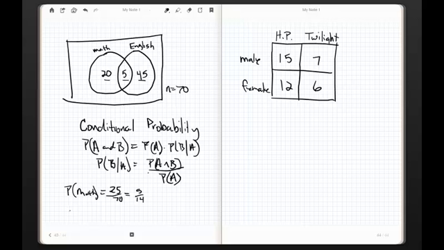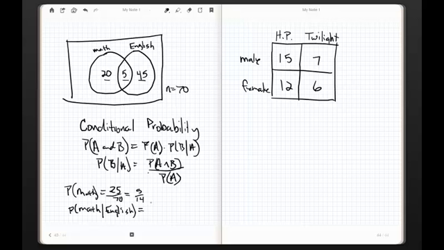However, watch this. I'm going to show you two ways to do this. There's a real intuitive way, and then we're going to use the formula. Let's go through this. I'm going to do the probability of math given English. In other words, what's the probability of finding a student who is taking mathematics given that they are taking English?